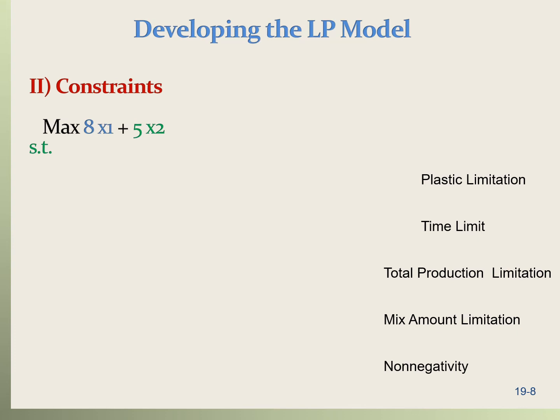We know from the problem statement that each dozen of space rays would require 2 pounds of plastic. For the zapper x2, each dozen of zappers would require 1 pound. So based on these, we need to write the plastic limitation constraint.